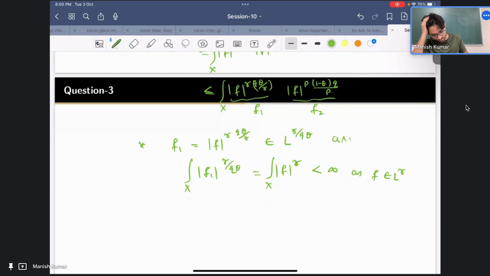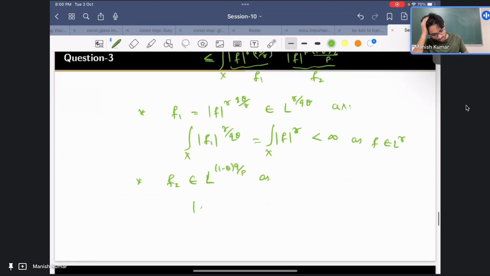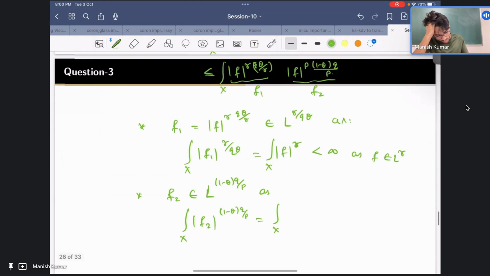Similarly, f2 belongs to L of the exponent p by (1 minus theta) q. Why? Mod f2 raised to the power p by (1 minus theta) q, with integration over x, the exponents cancel out and you get mod f raised to the power p.